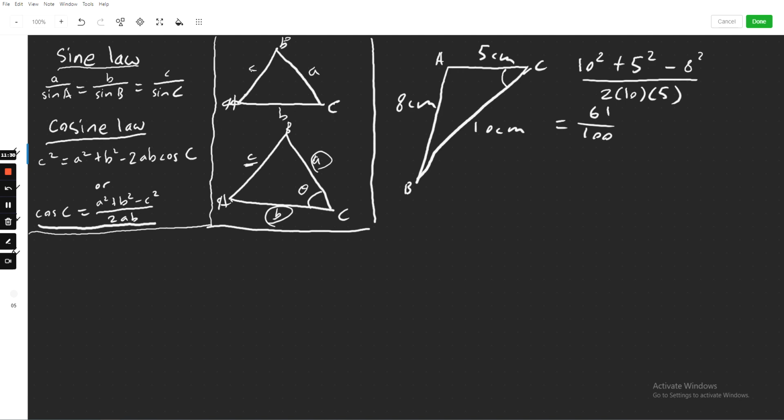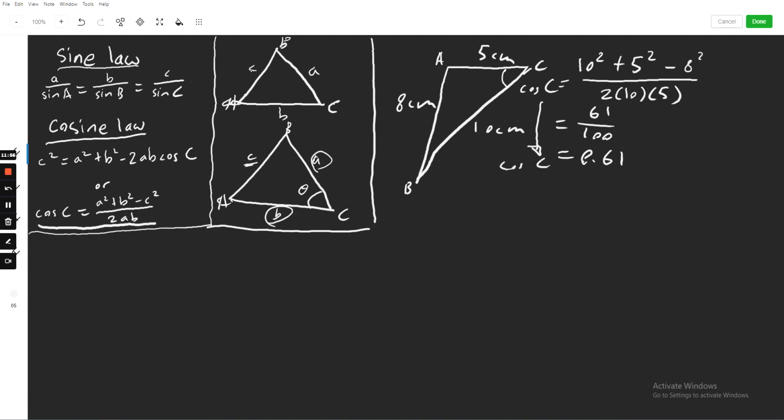So this would be equal to 0.61. Now remember, all of this is actually equal to cosine C. We can move this down since we don't have room.